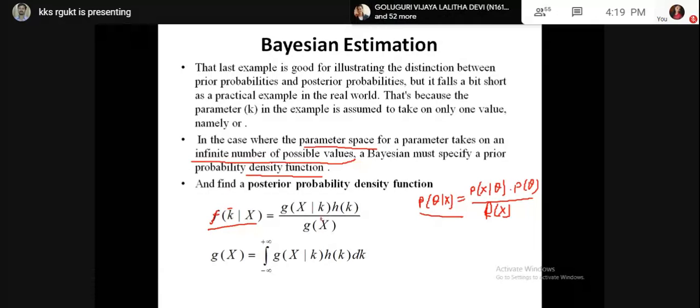So, understood the difference? In MLE, we are maximizing this. In MAP, we are maximizing this.